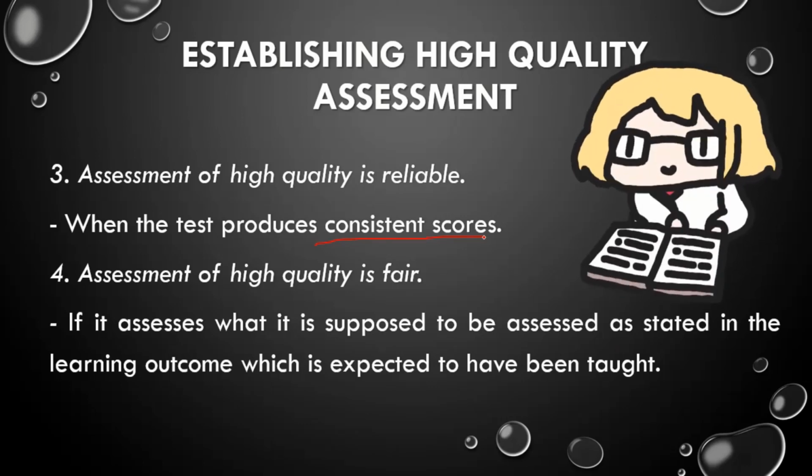If the opposite happens, such that those who scored high in the first take got low scores in the retest, and those who got low in the first take scored high in the retake, then the assessment is not reliable. So it should be consistent.